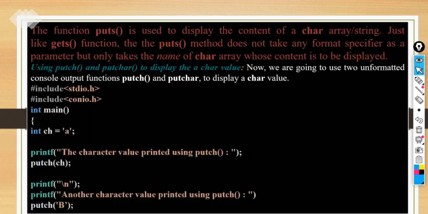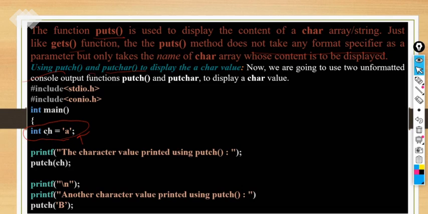Okay. So next we have, like I have just mentioned over here, the purpose of using puts and gets, which I have already told you. Next is an example of using putch and putchar. Here we have entered an alphabet into the variable ch.